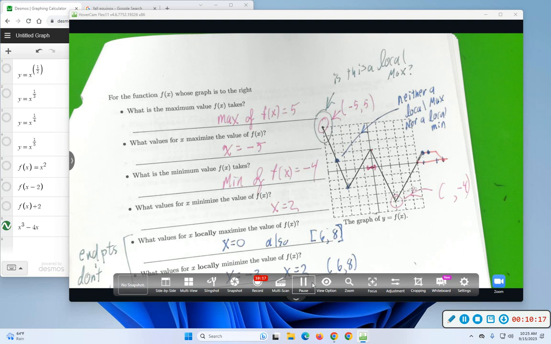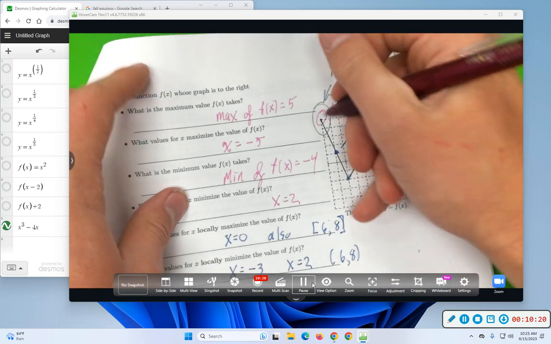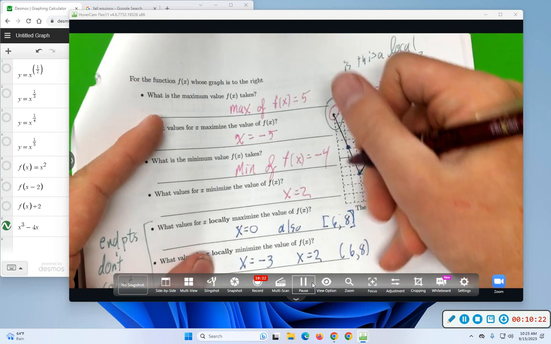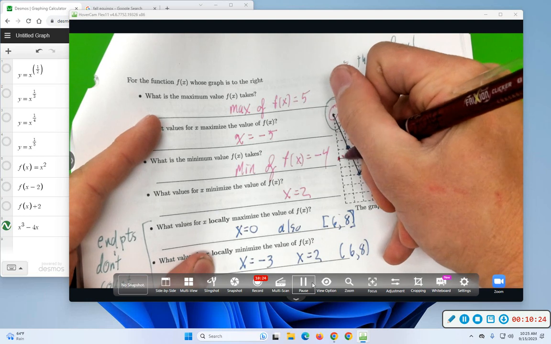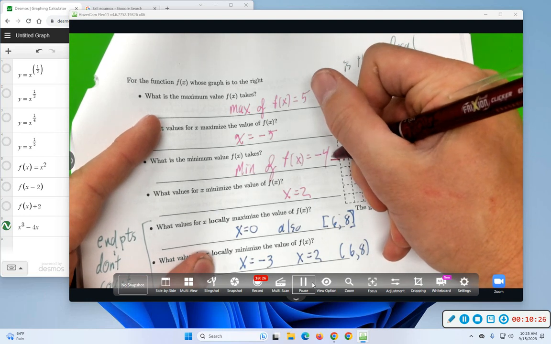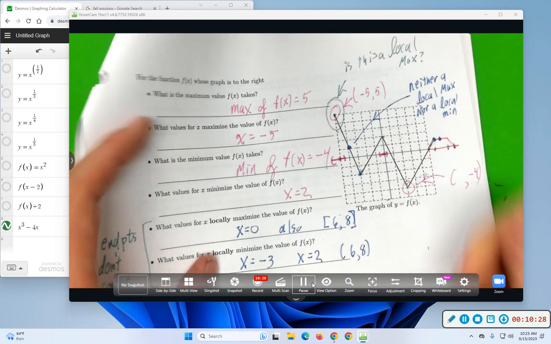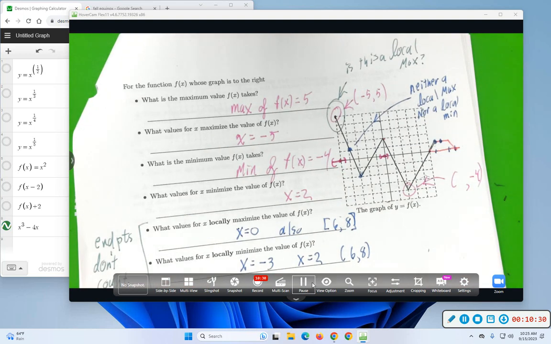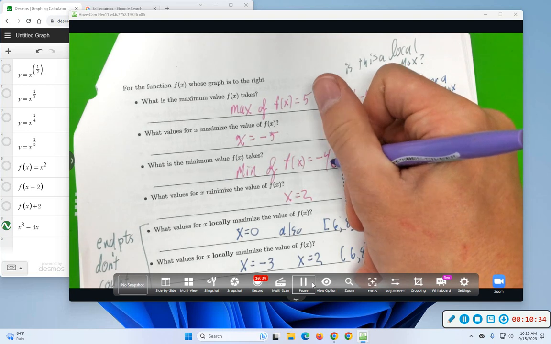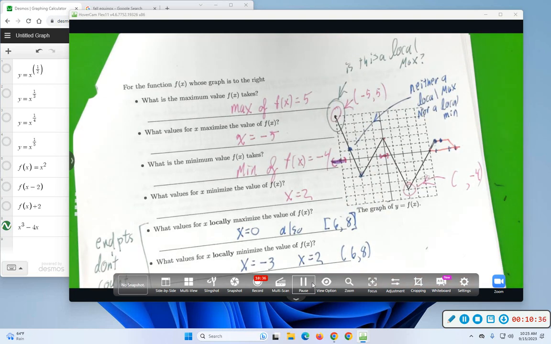Yeah, that's good. Let's check x equals negative 5 and see if it should count. There's a little interval around x equals negative 5. Focus on the ones to the left of x equals negative 5, like negative 5.01.